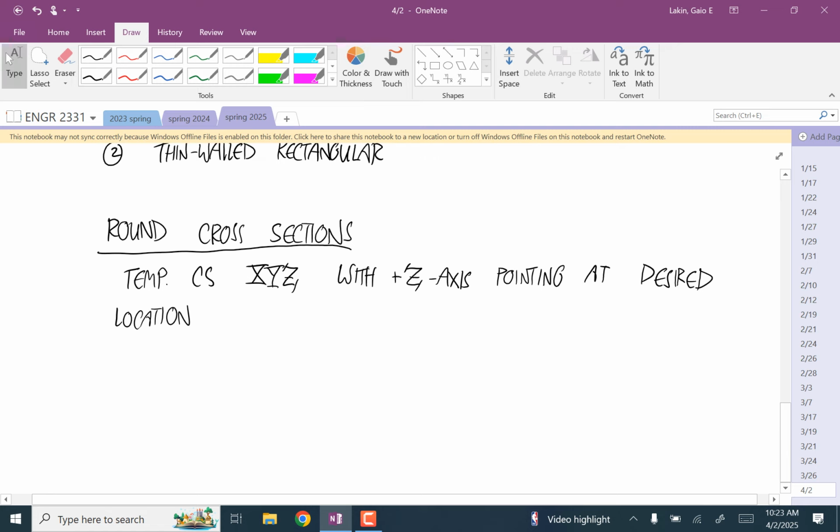And with that coordinate system, tau capital X capital Y is equal to negative torque times rho, I'll talk about what all these are, divided by the polar moment of inertia, a new moment of inertia, I sub p. That's what people are going to call this thing, the polar moment of inertia.